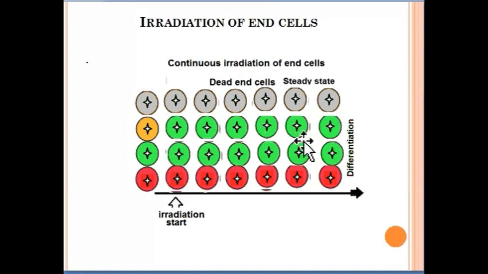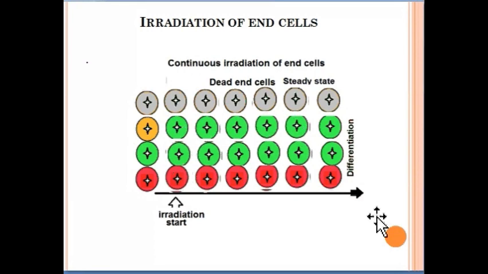We are talking about a chronic irradiation, which means we irradiate all the end cells so that all end cells are dead, and therefore the chalone inhibition does not work on the stem cell, and we get this response.